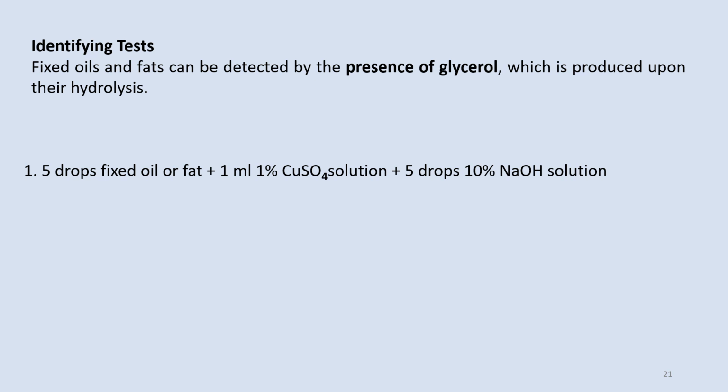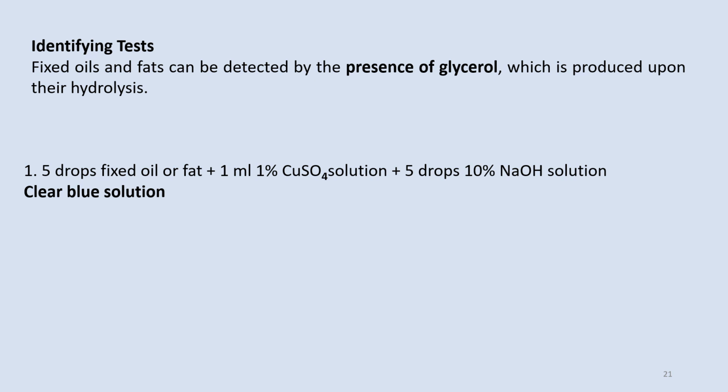Identification test: fixed oils and fats can be detected by the presence of glycerol, which is produced upon their hydrolysis. See, a very simple chemical test. You need to write and remember it clearly. If you do not write the chemicals, they will not give you marks. It is simply 5 drops of fixed oil or fat, 1 ml of 1% copper sulfate solution, and 5 drops of 10% sodium hydroxide solution.